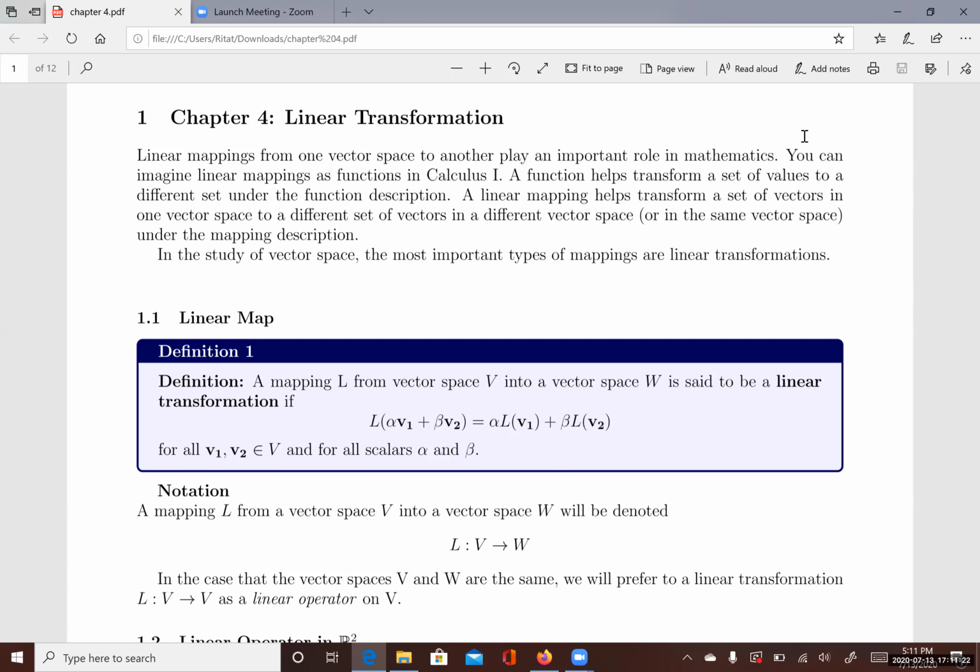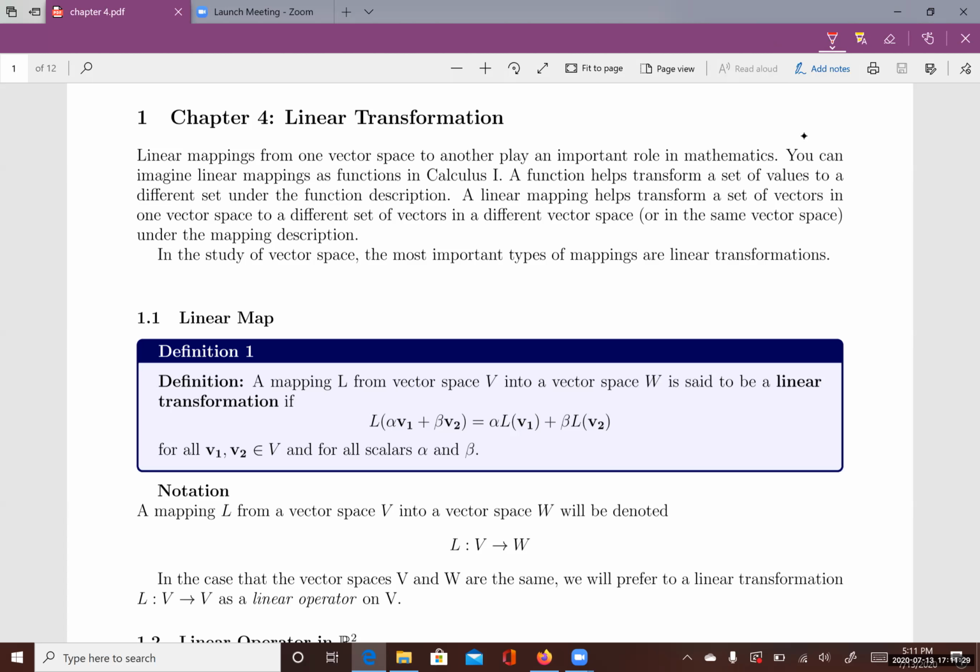Well, this lecture introduces an overview of linear transformations. Linear mappings from one vector space to another play a very important role in mathematics.